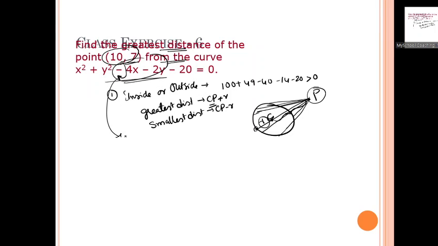Iska center kitna hai? (2,1) and radius I think is 5. Radius dekhiye calculate karke dekhiye, 5 aayega. So can you give me the answer to this question? 15 units. Haan, 15 sahi hai.